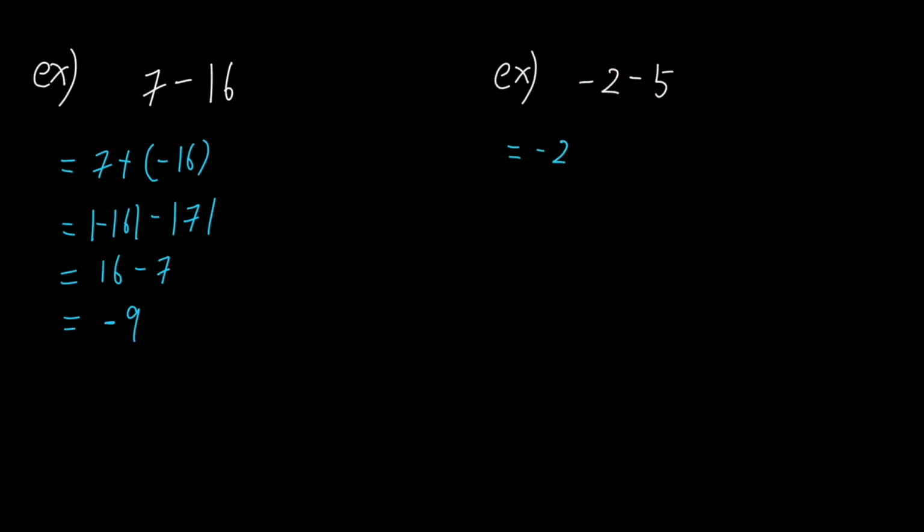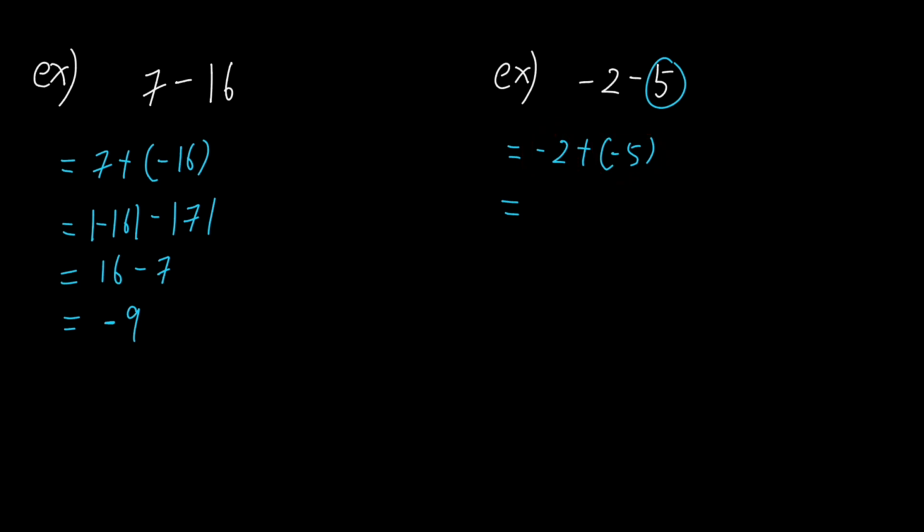So negative 2 plus the additive inverse of 5, which is negative 5, just the opposite. Now we see this is addition, and this time the numbers have the same sign. These are just two negative numbers added together.